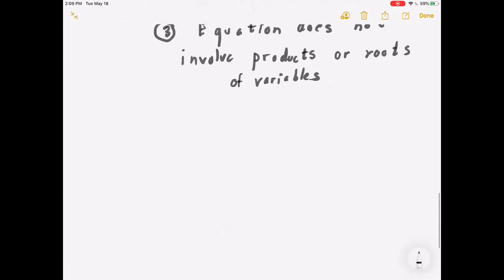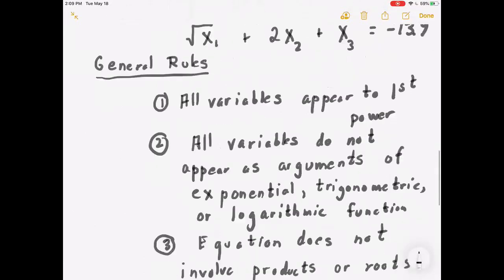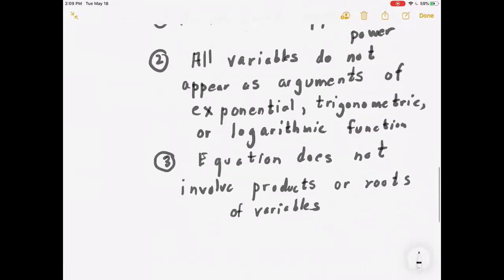Okay, so all 6 of those equations can be viewed in terms of these 3 rules, and it's clear to decide which of those 6 are linear equations and which are not.